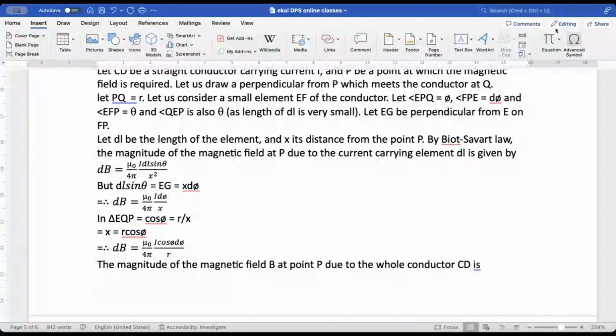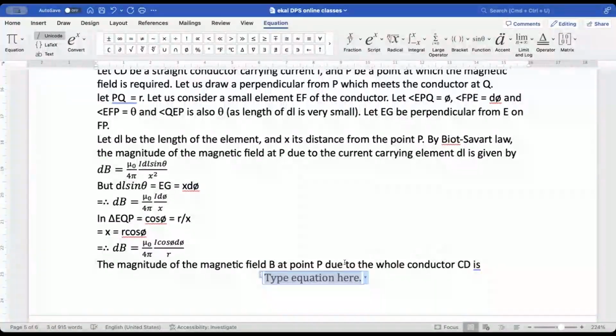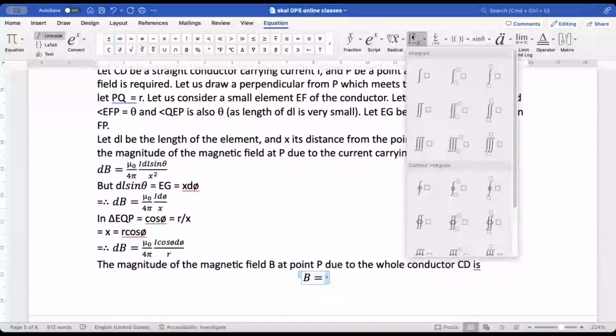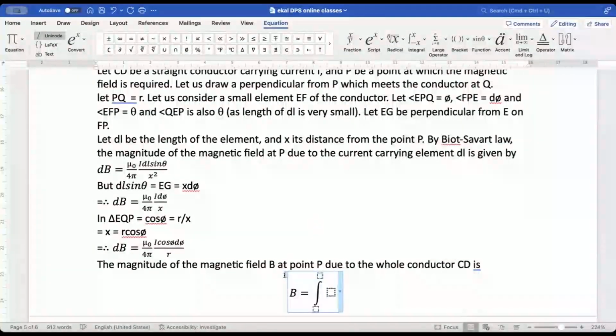B equals, so here we have, say, phi 2 as the other angle.